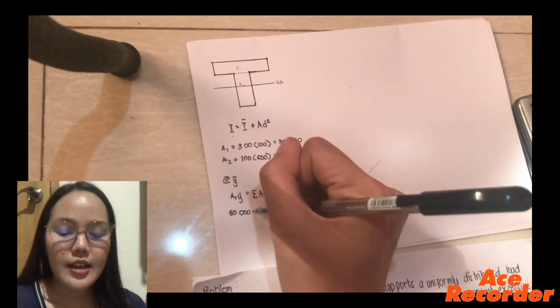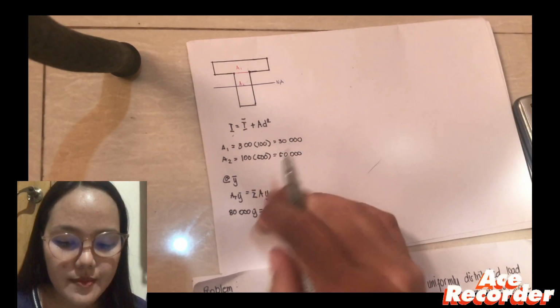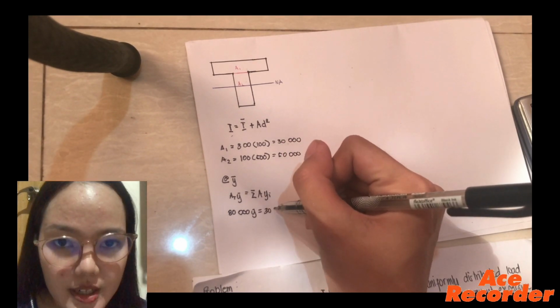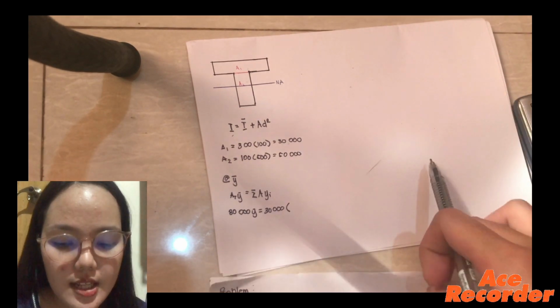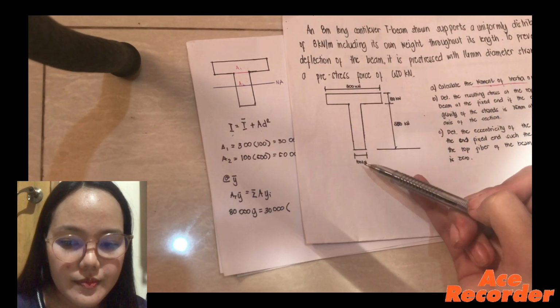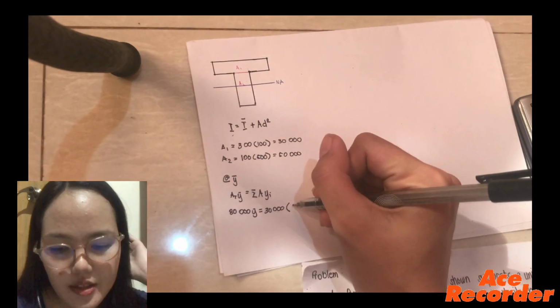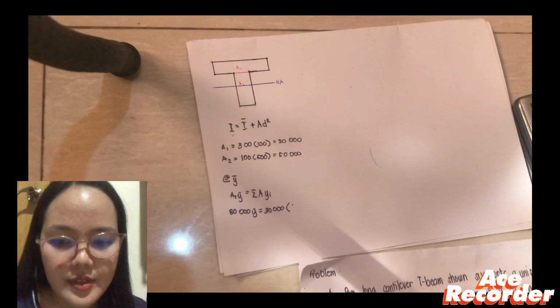A sub T is the total area, which is 80,000, times y bar is equal to the area of the segment, 30,000, times 550. 550 came from 100 divided by 2 plus 500, sorry for the wrong direction of my pen.